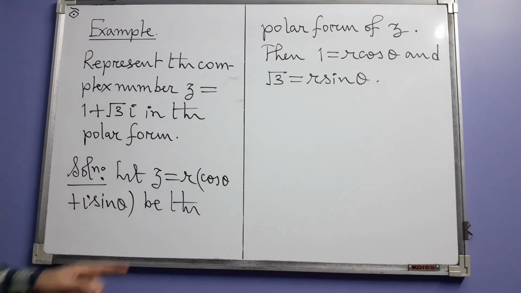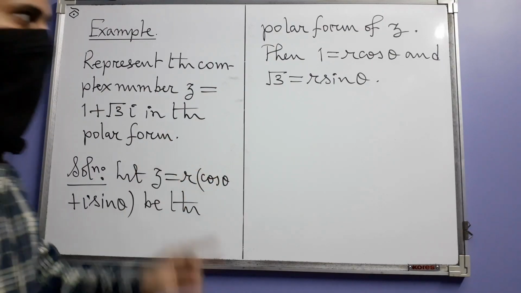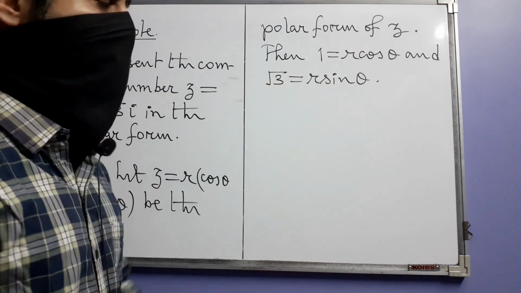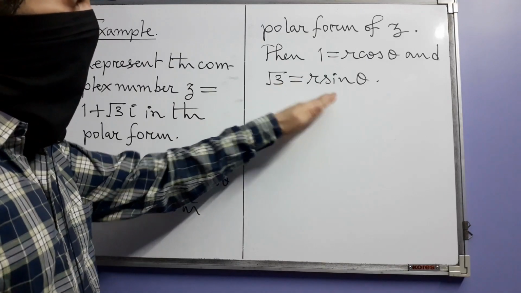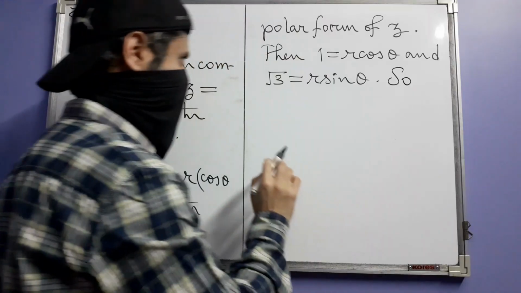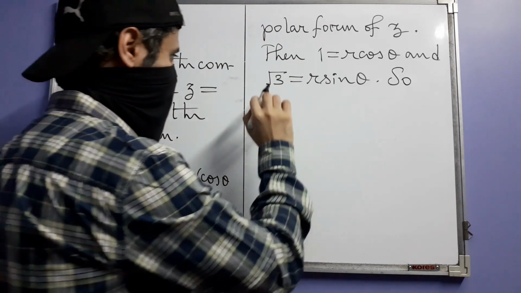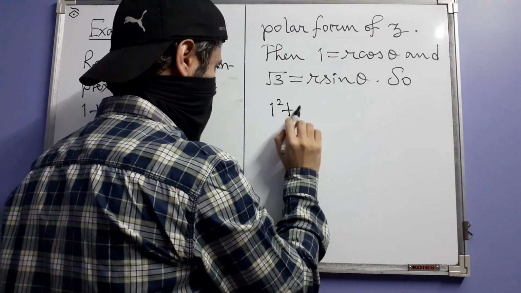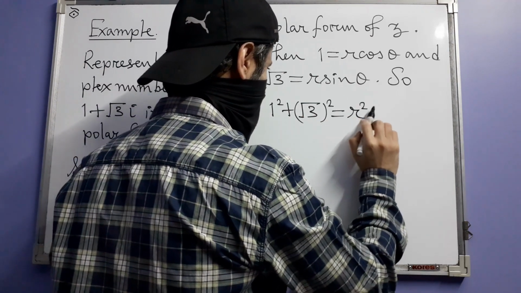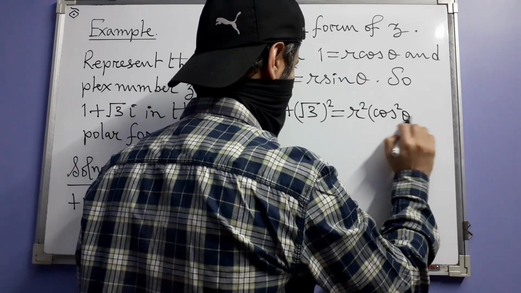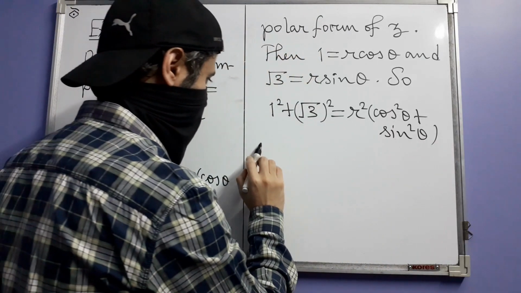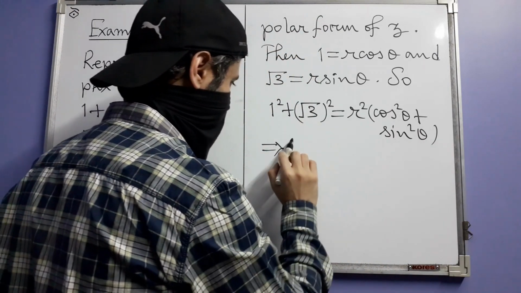Now you can directly write the fact that r is the absolute value of z, or if you want you can find r from these two equations as well by squaring and adding them, because then this side will become 1 square plus root 3 square and that side becomes this, which will be r square. So this will become 4.